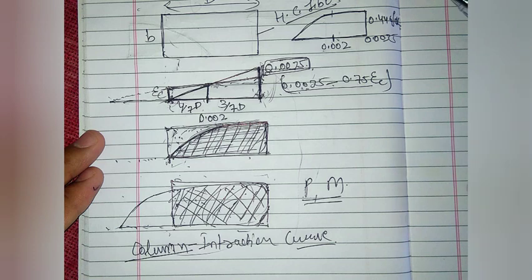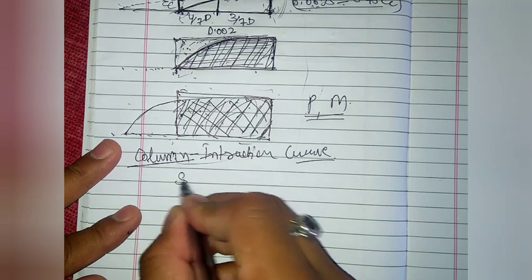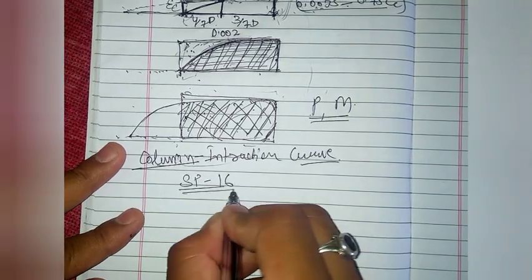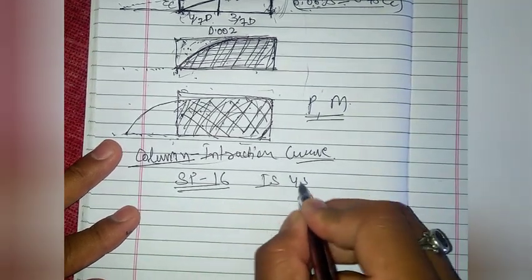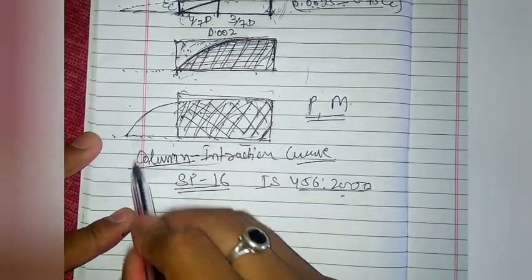So the method is very lengthy. So what Indian Standard 456 recommends is that we use a special provision given as SP16 for IS 456 2000 for this interaction curve.